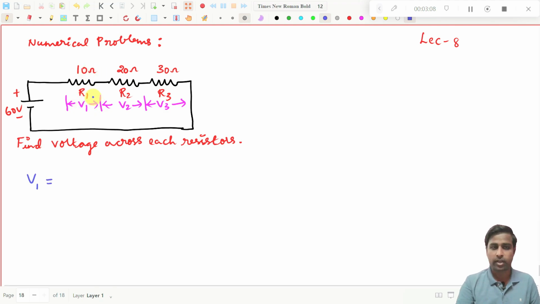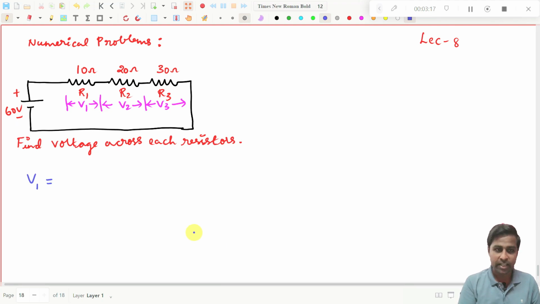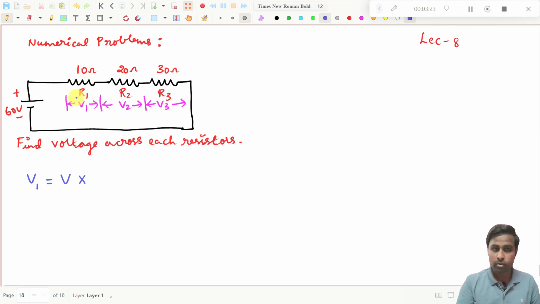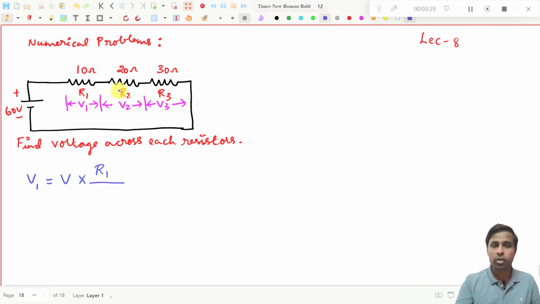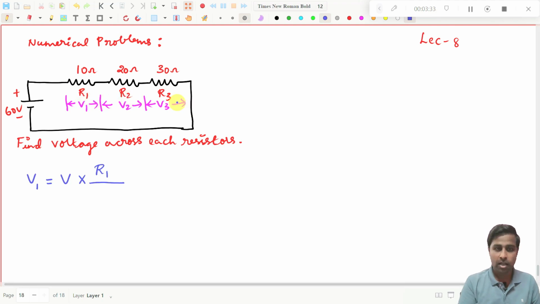You multiply the total voltage V by this resistor value, R1, divided by the total resistance, R1 plus R2 plus R3. That's all.